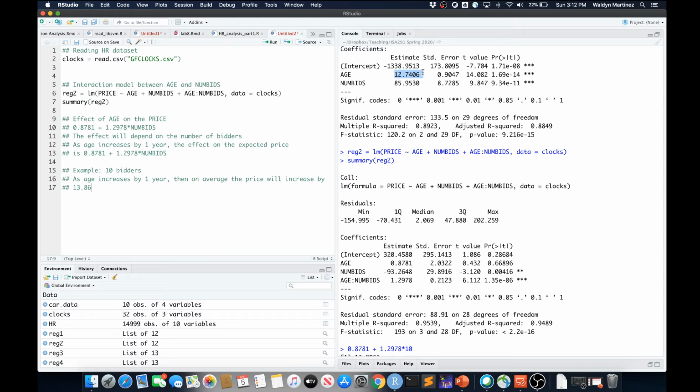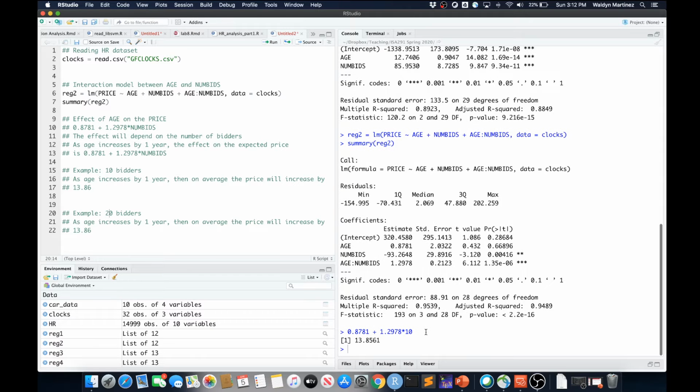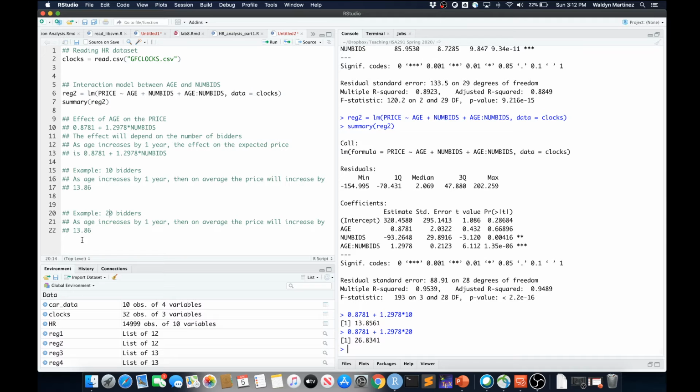But now you can see that this is dependent on the number of bidders. We can do another example. Let's say the number of bidders is 20. As age increases by 1 unit, then on average the price will increase by around 26.83. So we can see that the increase is steeper when there are more bidders.